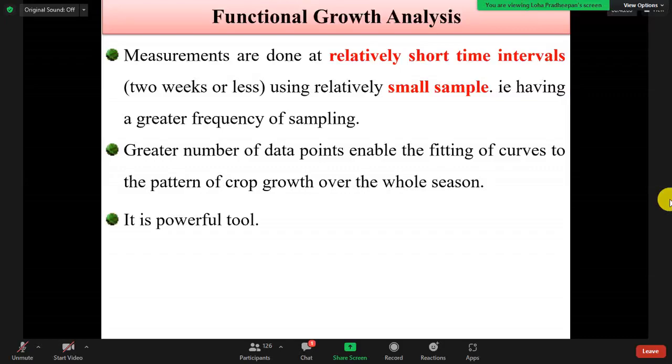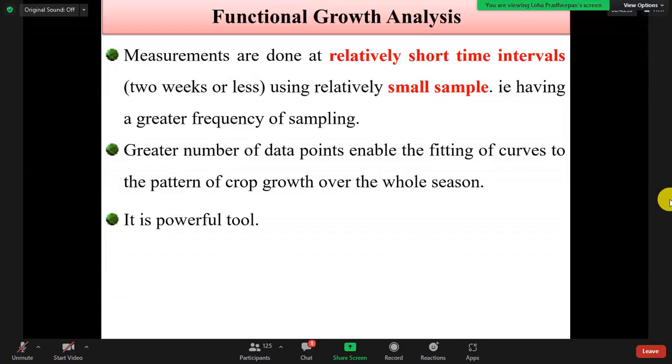But in the growth curve, we get a greater number of points because every 2 weeks we will get some dry weight. So we will get a point, and that will help to give more information about the growth performance of the plant. So the functional approach is a very powerful approach compared to the classical approach.